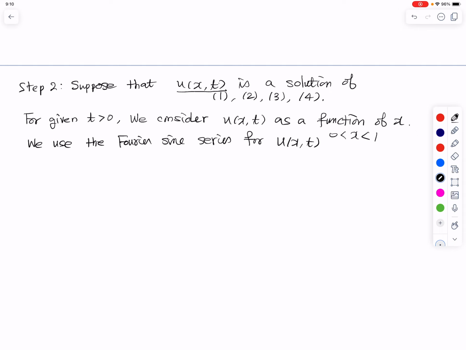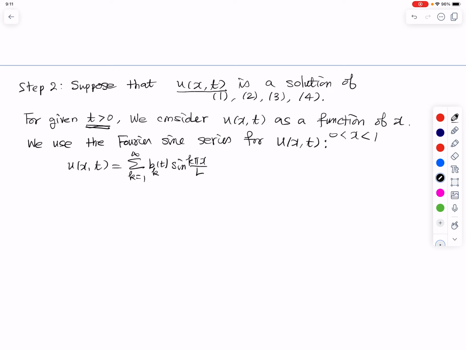Then what is the Fourier sine series? You can write u(x,t) equals the sum k from 1 to infinity of bk sine k pi x divided by L. This is the Fourier sine series. What I'm doing here is that this coefficient bk actually depends on t, because I fixed t and then used the Fourier sine series for u(x,t).